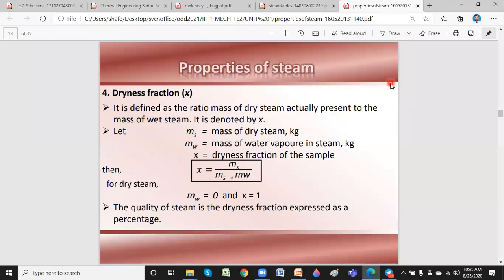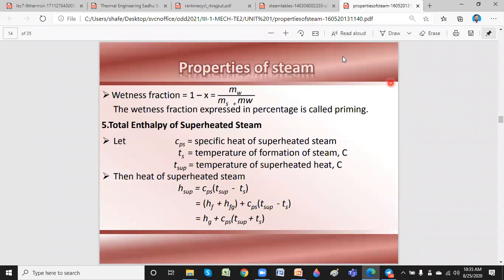Now this we have discussed already. Now you see here the total enthalpy of superheated steam, which is given like HF, where F is fluid, HG for vapor. Similarly, HSUP, where SUP indicates superheated steam's enthalpy.